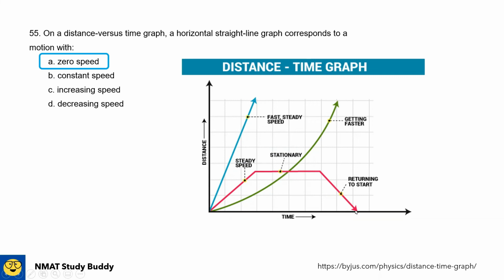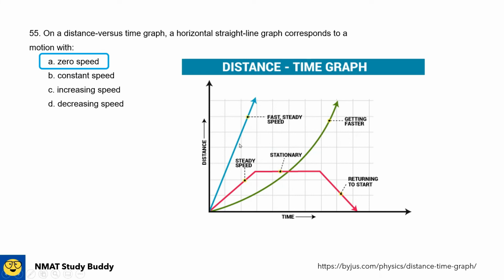And as you can observe, tumatakbo yung oras or nag-i-increase yung time, pero yung distance, it stays the same or hindi siya nag-i-increase. So, ibig sabihin, nasa isang position lang yung object. So, wala rin siyang speed. So, kaya zero speed yung sagot natin.